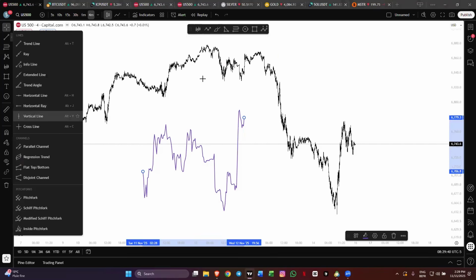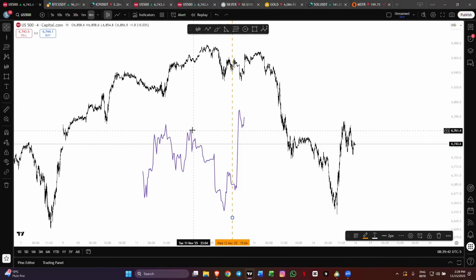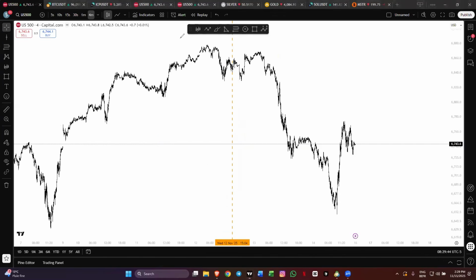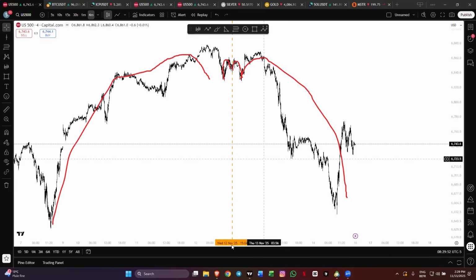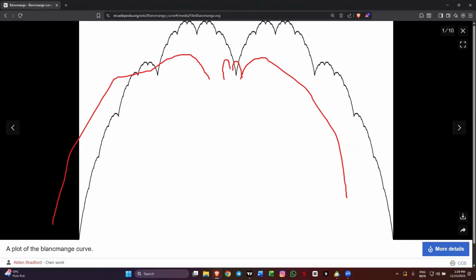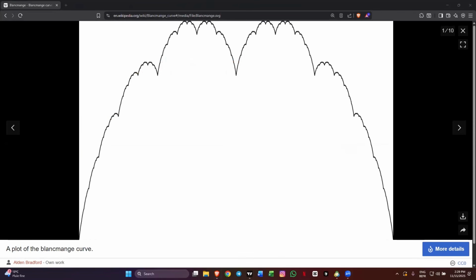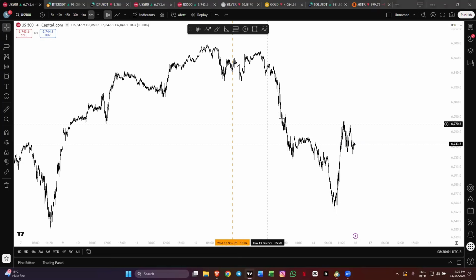If we take a vertical line right here and put it at this level, we see that we have this part and its symmetry to this part right here, which is the same thing we can see on the Takagi function. So nothing is random, even the randomness in the market happens for a reason.